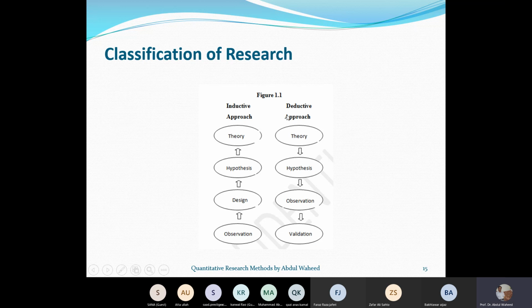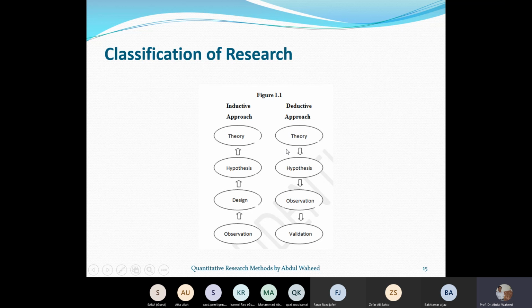In the deductive research approach, we first select a theory and then we make a hypothesis and then we get the observations and then finally we decide about the validation of the theory, whether it's valid or invalid.